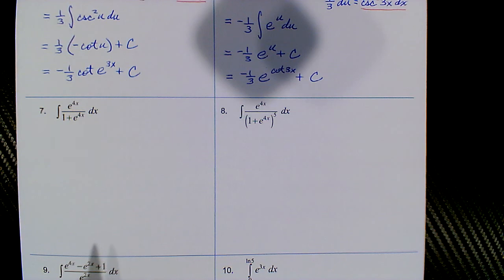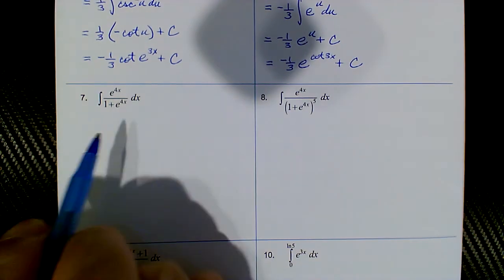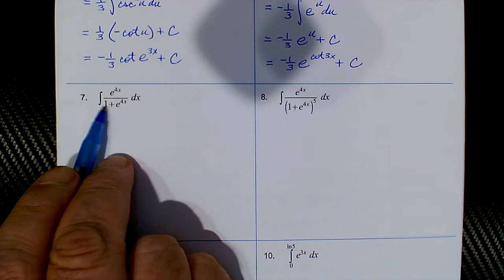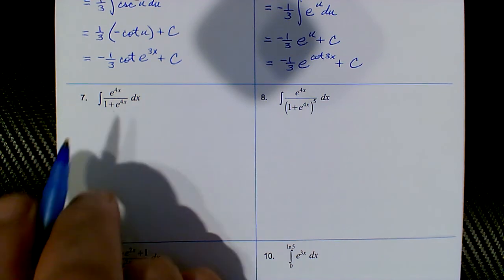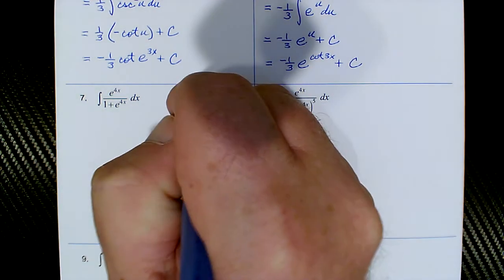And if it's a power, we're going to go for u to the n. And if the denominator is not a power, we're going to try to fit du over u. So in number 7, since the denominator is just a function of x, it's not a power, we're going to try to fit the form for du over u.